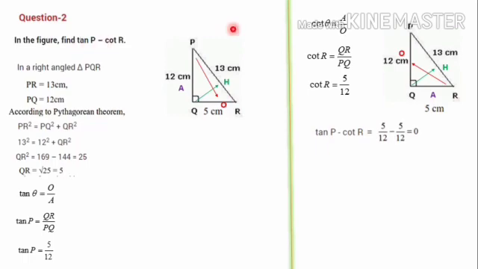So for tan P I have taken this triangle, and for cot R I have taken this triangle. So two separate triangles I have used for calculating tan B and cot R. You can use a single triangle if you are convenient, or if you have no confusion then go with a single diagram, no problem, or else you can go for different diagrams for different angles.